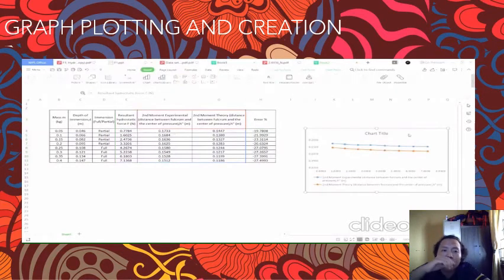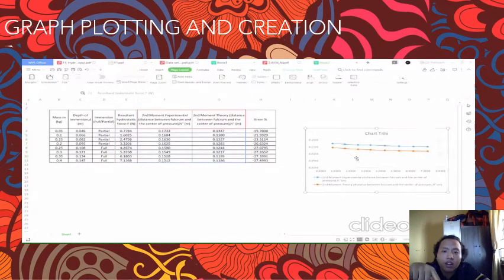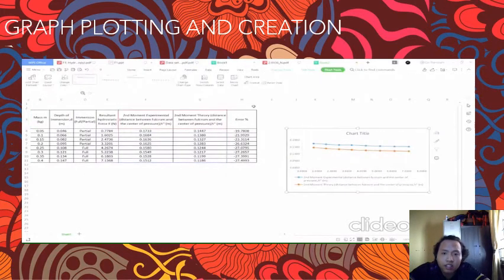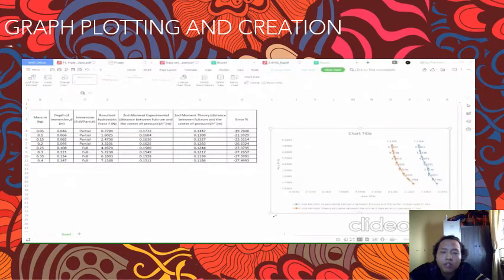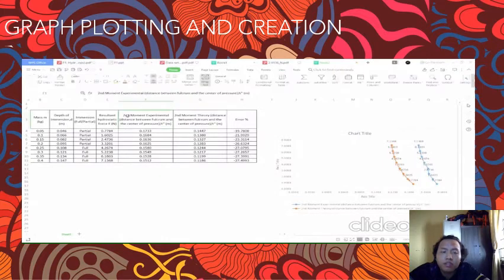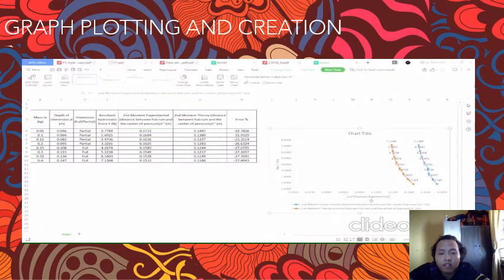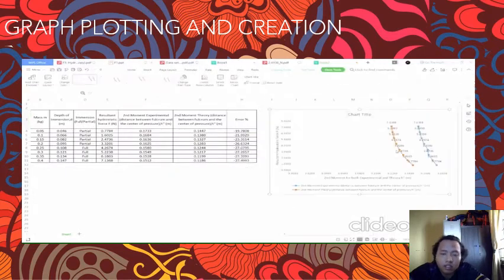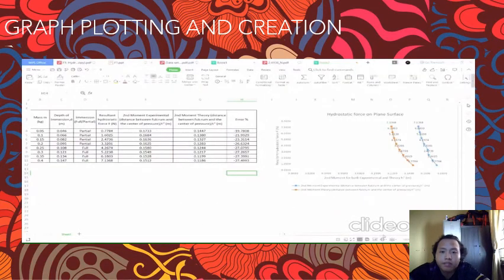So we take the x and y axis, and then we highlight it and take the values to do the graph. After we are done with the graph, we just rename the graph, the x-axis and y-axis. Okay, that's how I plot and create the graph in this experiment.